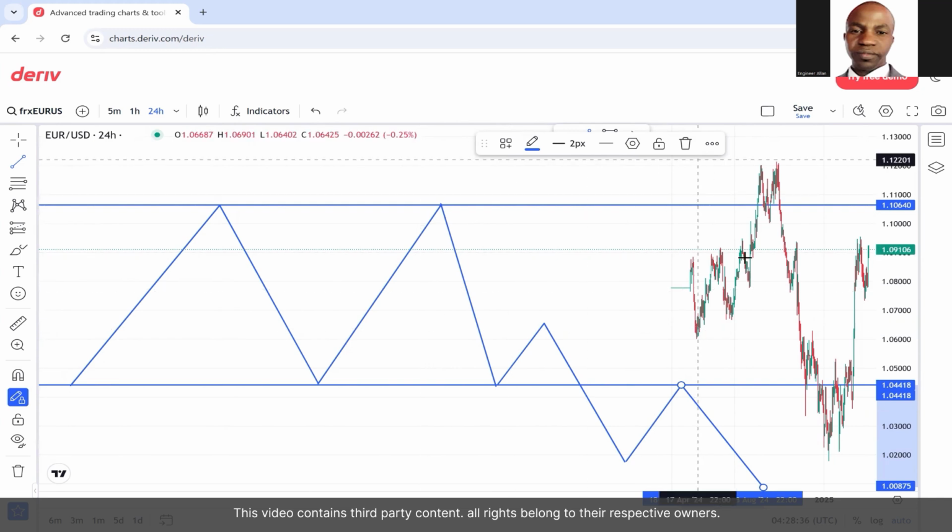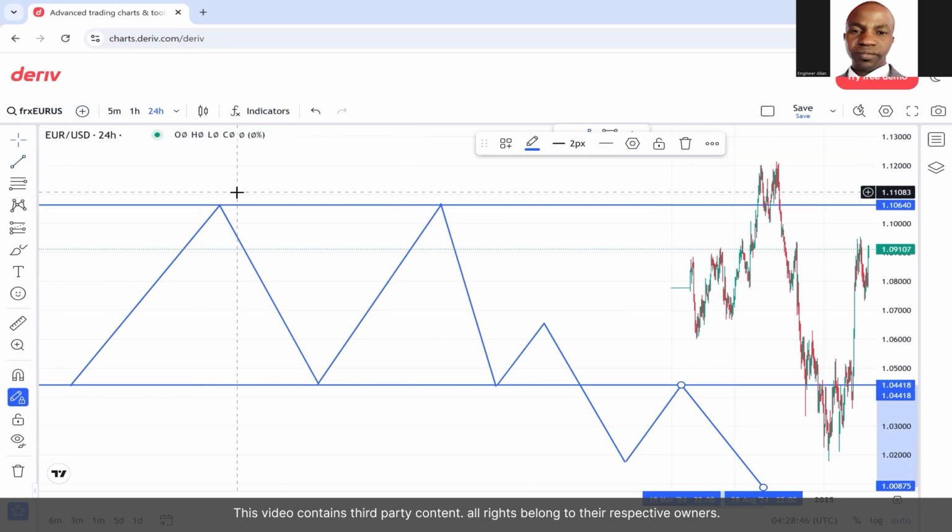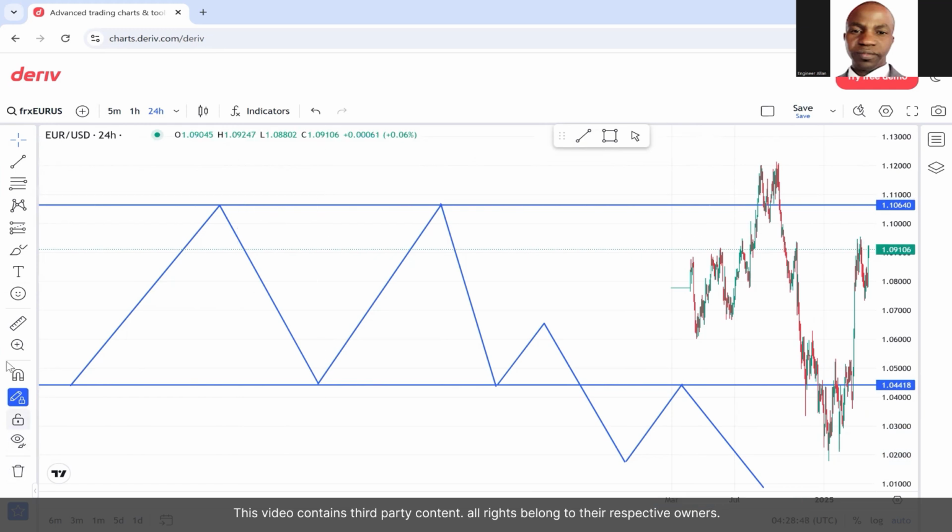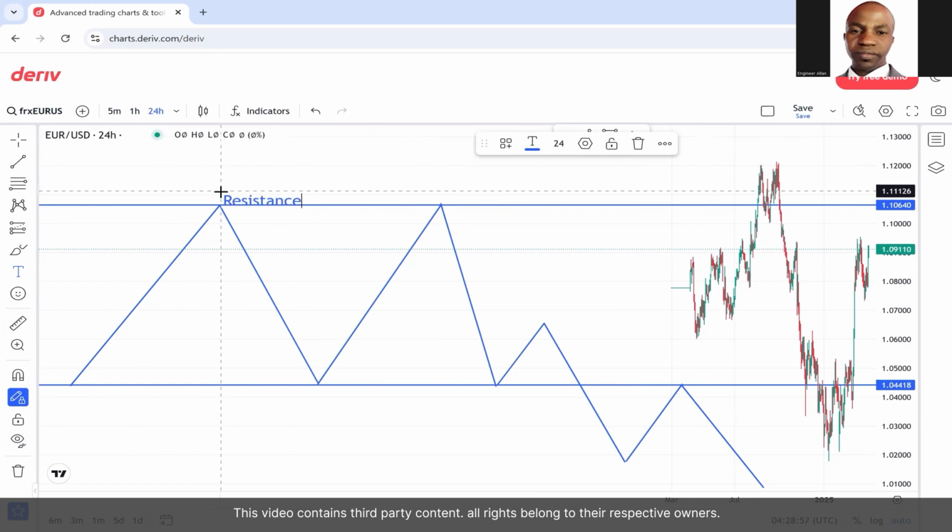Mostly, okay, so we have the resistance zone, then down here we have the support.